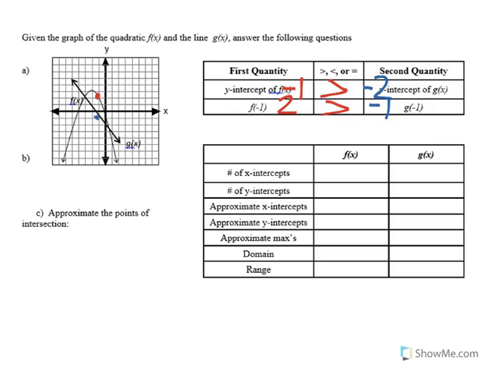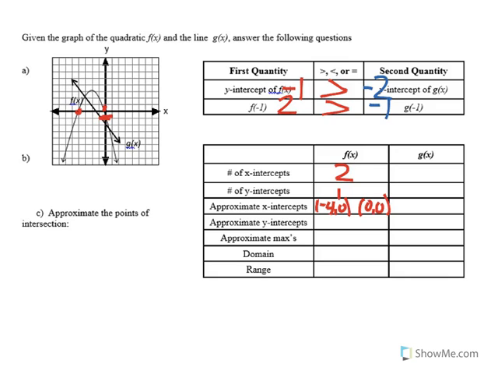Let's look at the x-intercepts here. Let's do f of x first. How many x-intercepts does it have? It has 1, 2. How many y-intercepts does it have? Just 1 right there. Now let's look at the approximate x-intercepts. They're located at about -4, and then the other one is right about the origin, 0, 0.